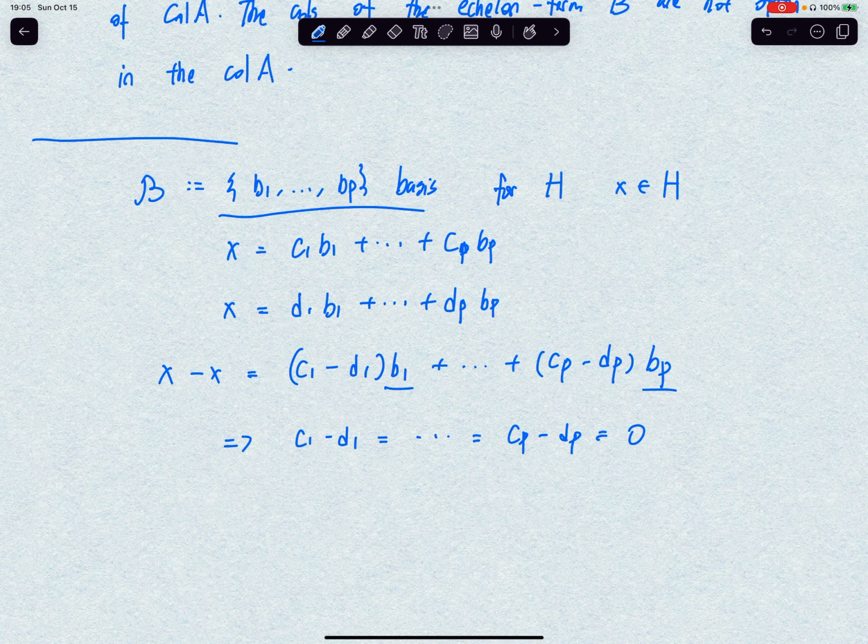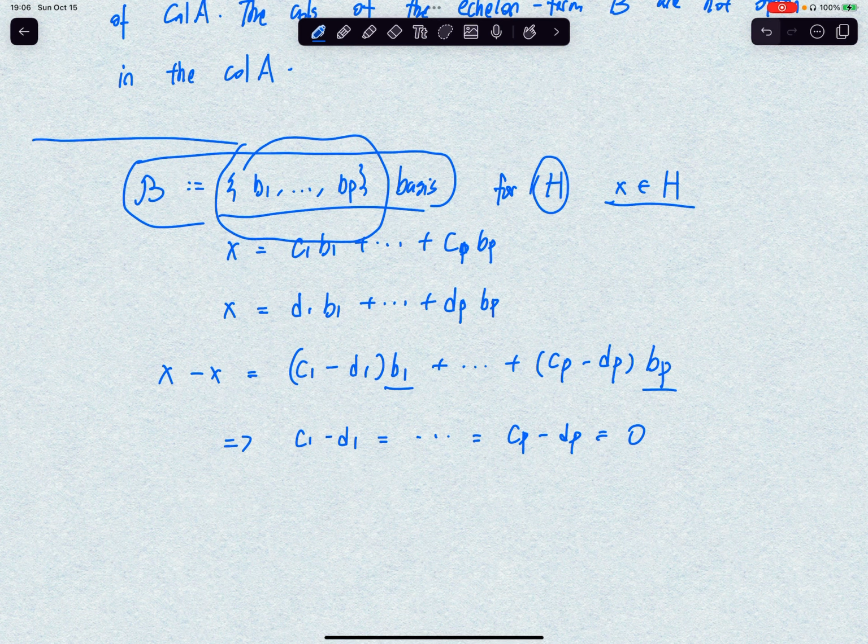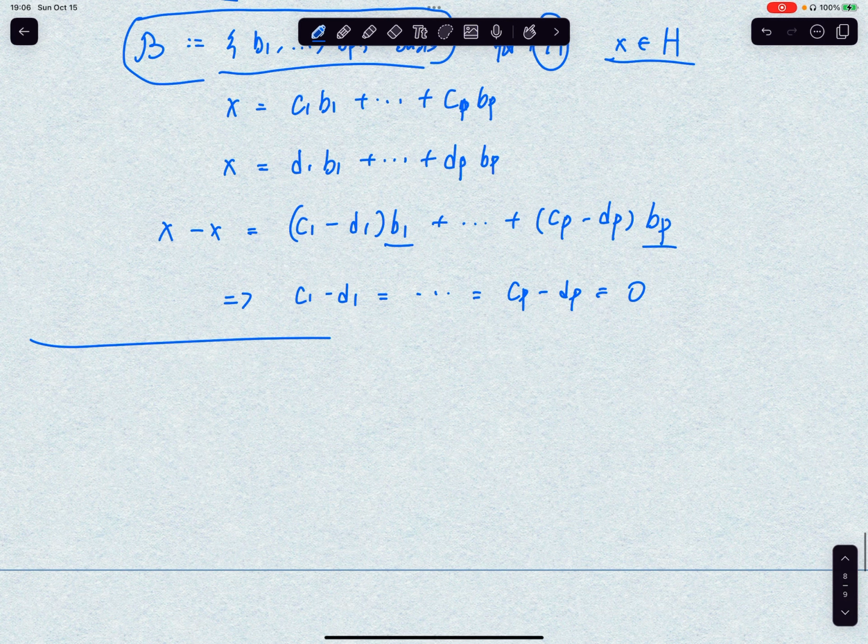That really means that if we find a basis for H, then every vector in H can be represented by a linear combination of elements in the basis in a unique way. This is very important since we can use this property to define the coordinate vector.